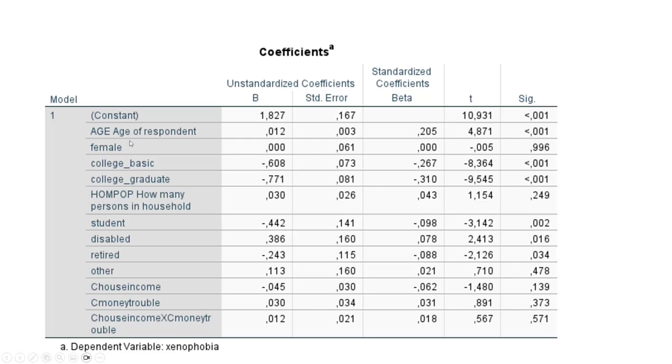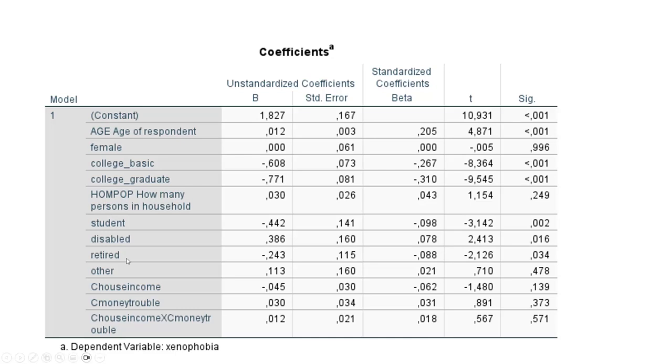There's no significant difference between males and females, and there is, in fact, no observed difference either. Household size has no significant effect on xenophobia. Students have significantly less xenophobia than working people. The disabled have significantly more xenophobia than working people, and of course, this is controlling for all other effects in the model.